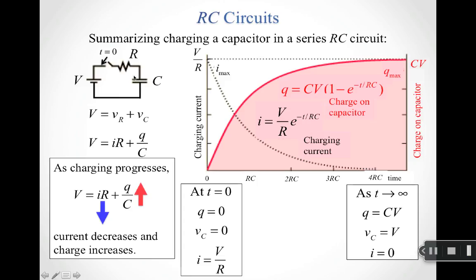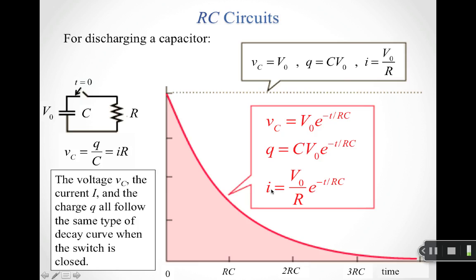One way to think about the fact that the current has stopped flowing is that I have two things that effectively act like batteries, the battery over here and my fully charged capacitor over there, but because of their polarity, they're trying to drive current in two different directions. The battery is trying to drive it clockwise, the fully charged capacitor counterclockwise. So I end up with no current in my circuit. This is how we charge capacitors.